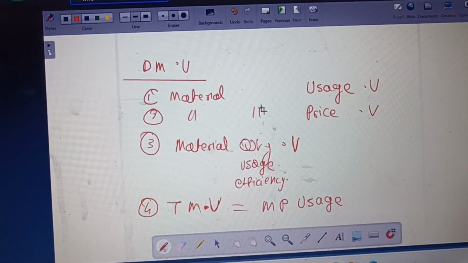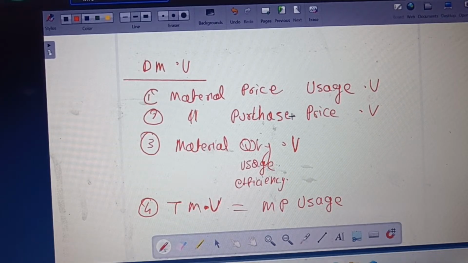This is called price usage variance, and this is material purchase price variance.